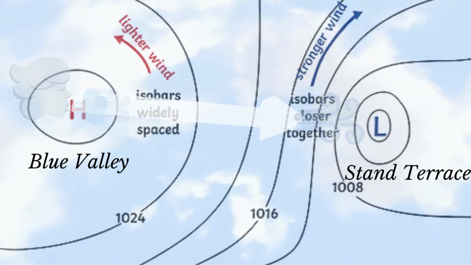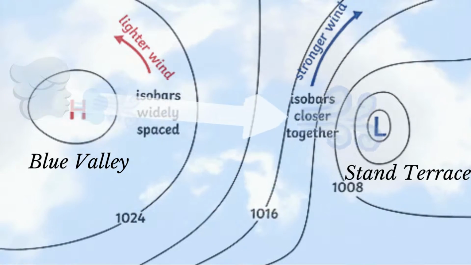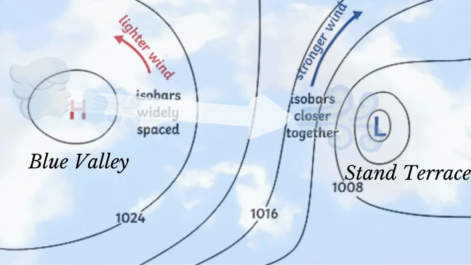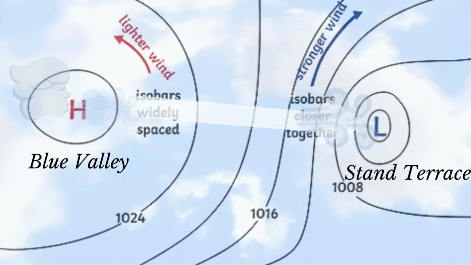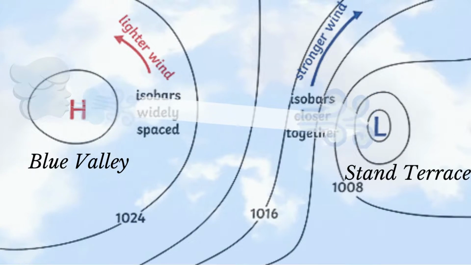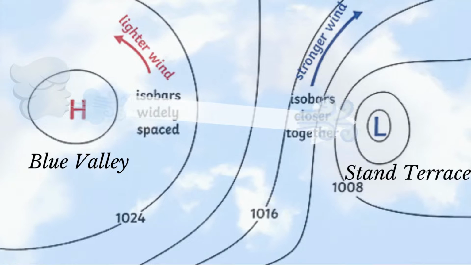Notice also that the isobars are far apart at Blue Valley and closer together at Stand Terrace. So it means that the winds will start off light as they move from Blue Valley and then will get stronger closer to Stand Terrace.